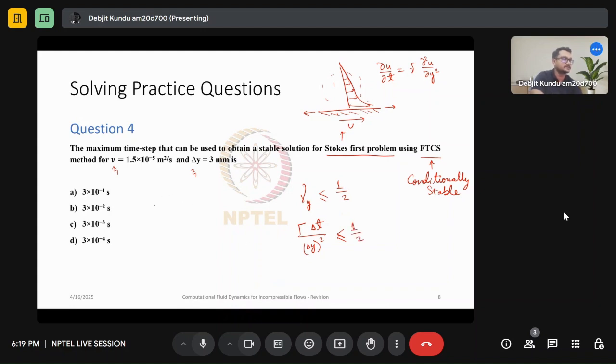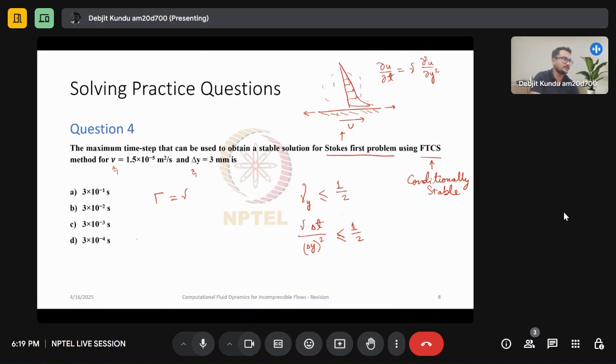And this capital gamma over here is nothing but nu, so we'll replace that. So nu into delta t over delta y squared has to be less than or equal to half.